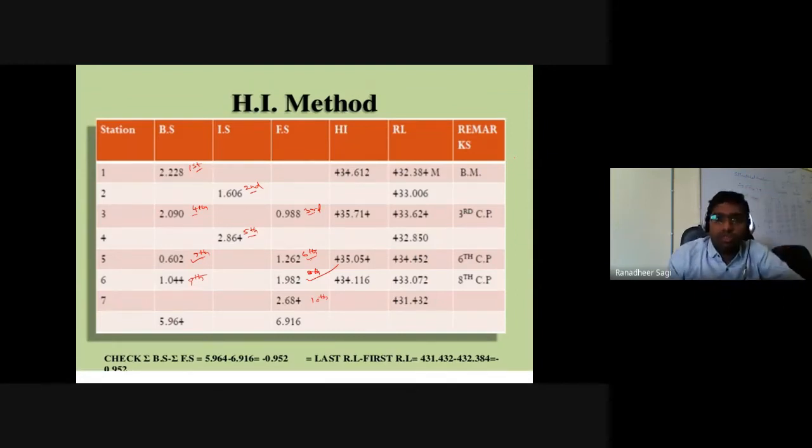So 432.384 is your RL value of that benchmark point, plus the staff reading when the leveling staff is placed on that benchmark point, which is 2.228 meters.